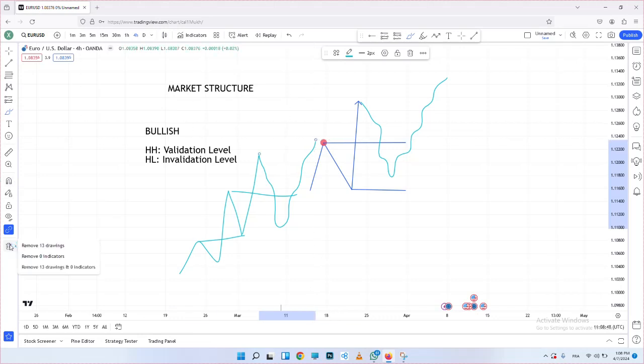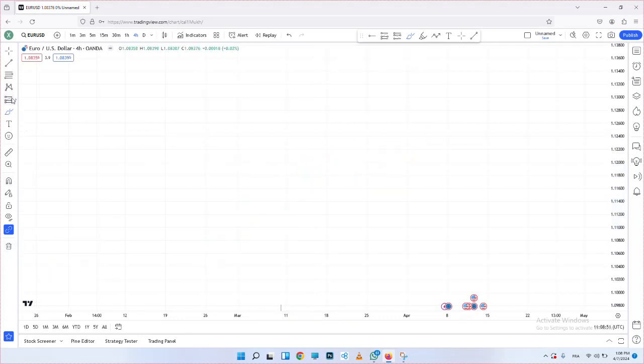On a bearish market, we have the same scenario, but reversed. In a bearish market, we have the lower low and the lower high.